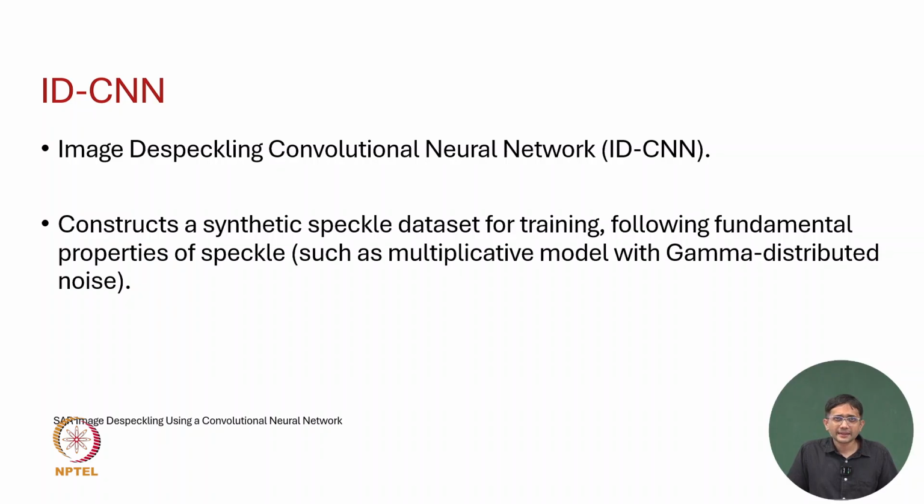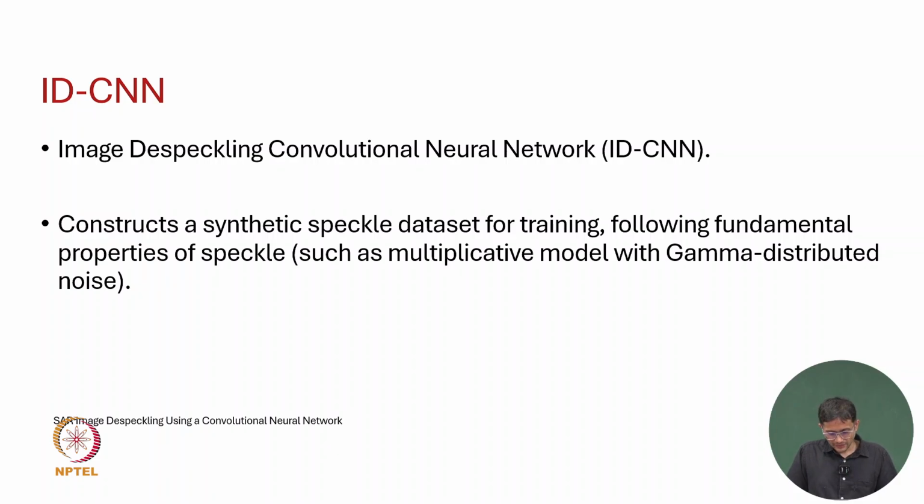How to generate that? To generate that, it follows fundamental properties of the speckle, such as following a multiplicative model with gamma distributed noise. So what we are basically saying is that we know speckle noise follows these properties. Think of it like we are working with Python code. Inside the Python code, we can always simulate these properties. So we start with X, and after simulating these properties, we get, let's say, X cap.